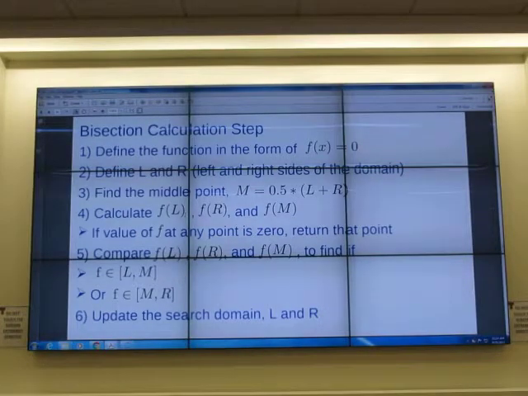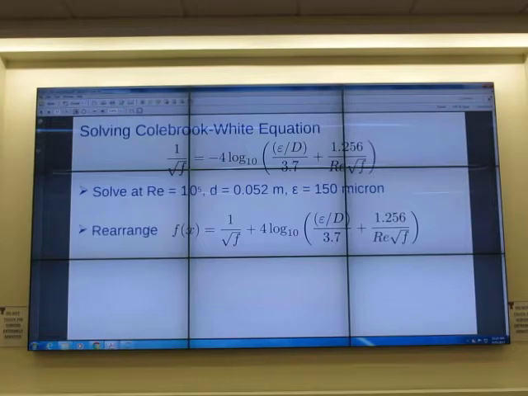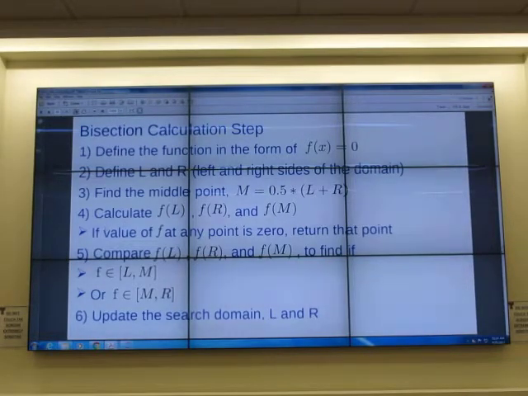We will go to the example later. Once we find the function values, we compare them. Since f(x) = 0, if there's a change from positive to negative or negative to positive, that means in that range you have the answer.